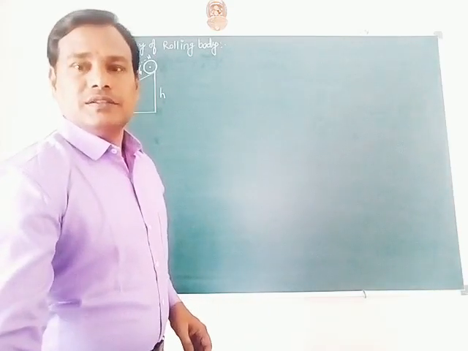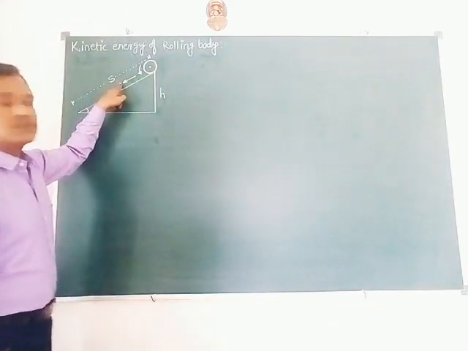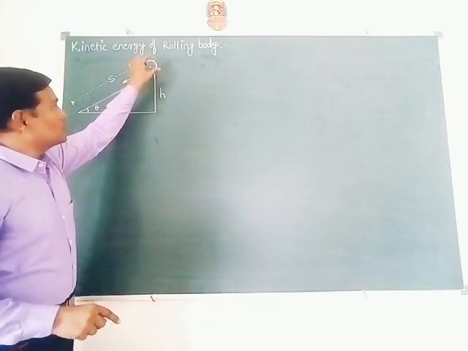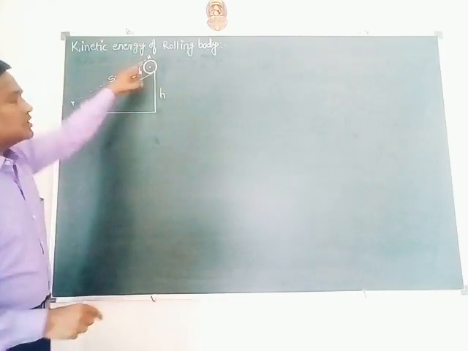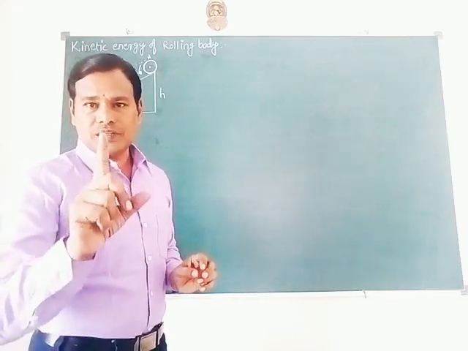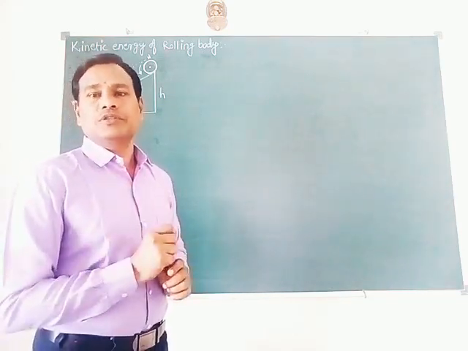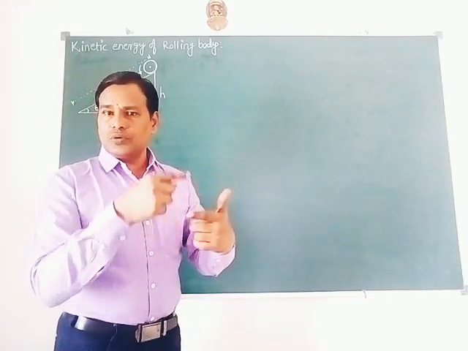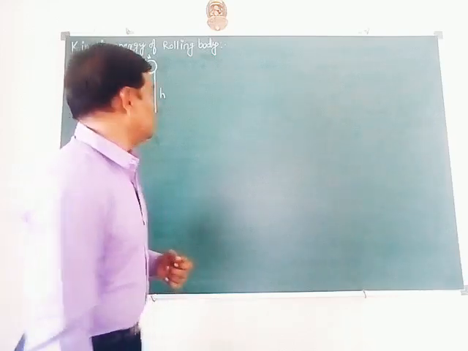One is translational motion like this, and second is rotational motion. So this rolling motion of this object will be combination of first translational motion, it is linear motion with velocity v, and then a rotational motion with angular velocity omega.